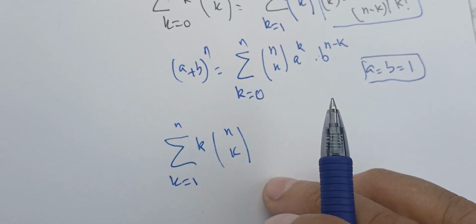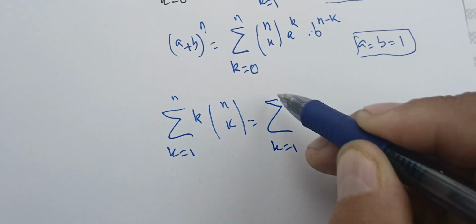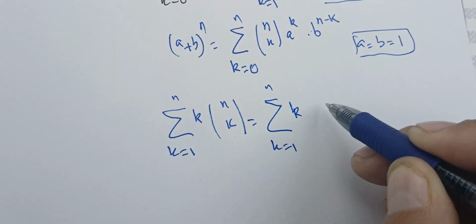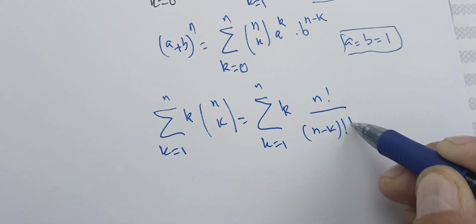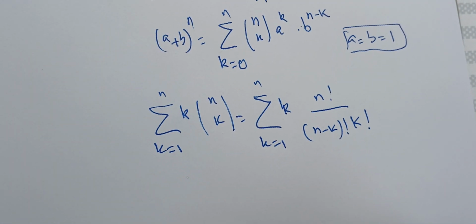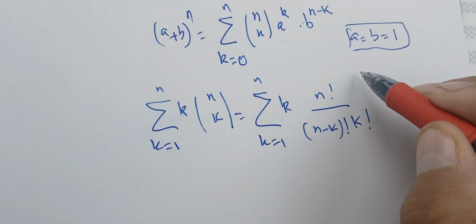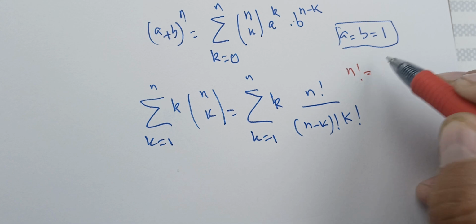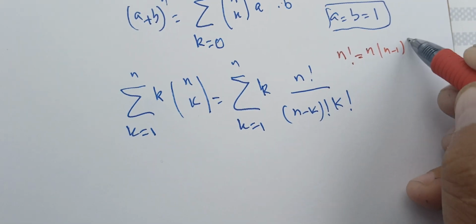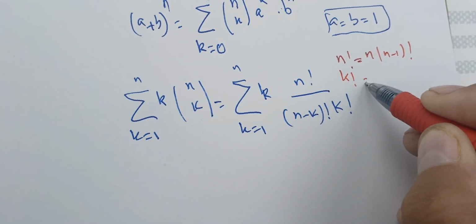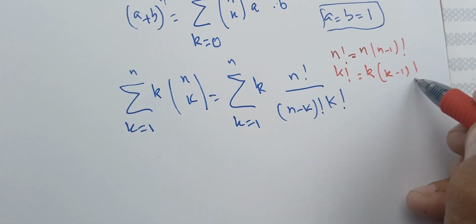One quick way of doing that is to write this sum as k times n factorial over n minus k factorial times k factorial. We can use the fact that n factorial can be written as n times n minus 1 factorial, and k factorial can be written as k times k minus 1 factorial.